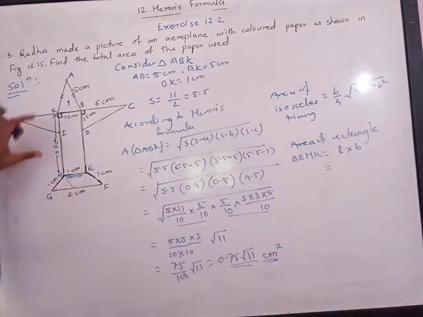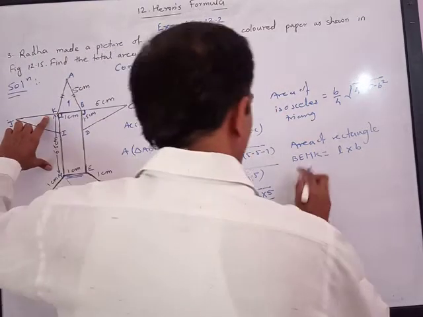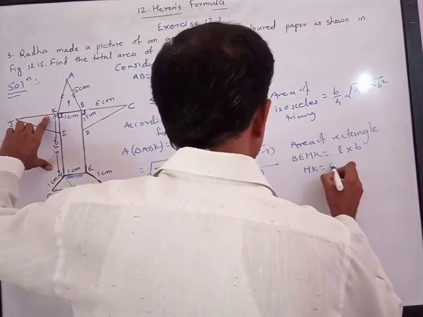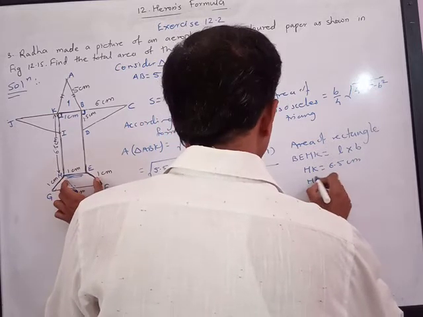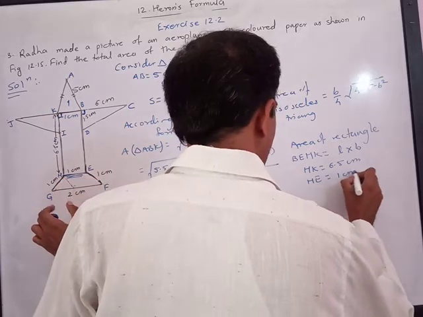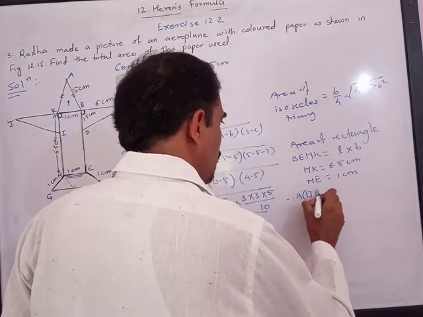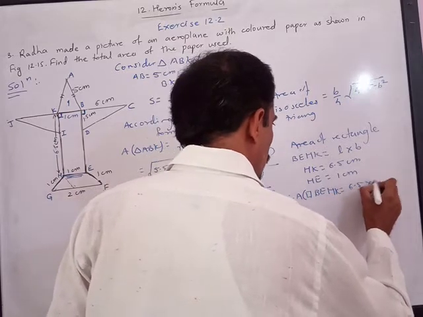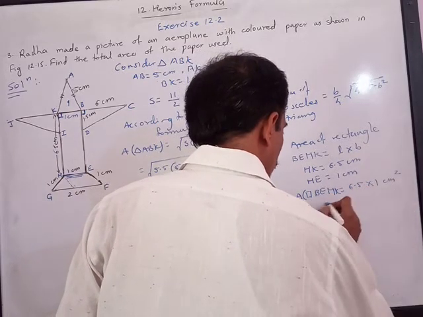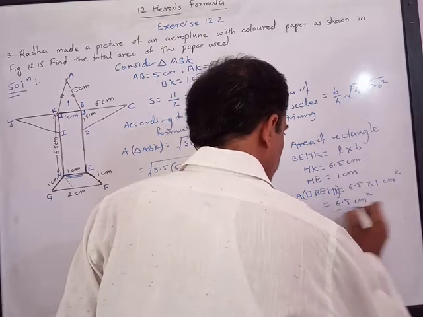So the length of the rectangle is given to us as HK is equal to 6.5 centimeters and HE is equal to 1 centimeter. So area of quadrilateral BEHK is equal to 6.5 into 1 centimeter square, that is equal to 6.5 centimeter square.